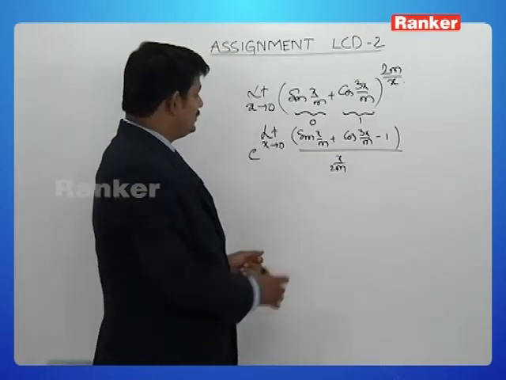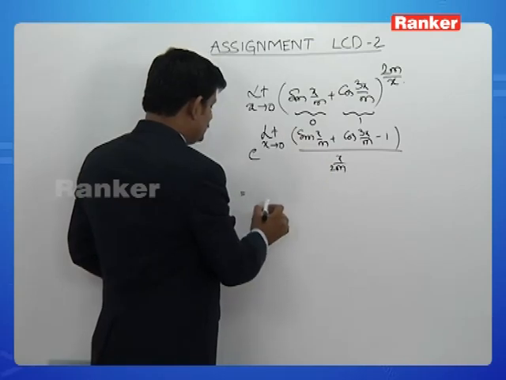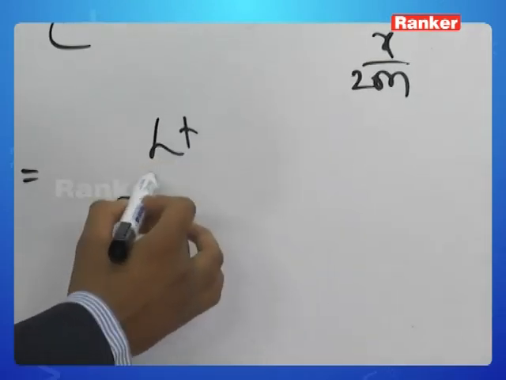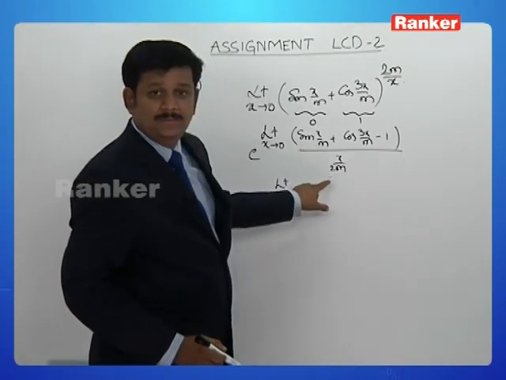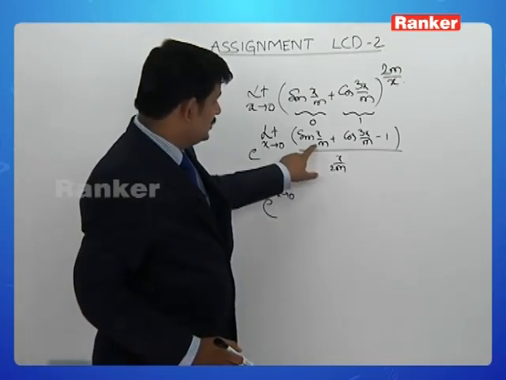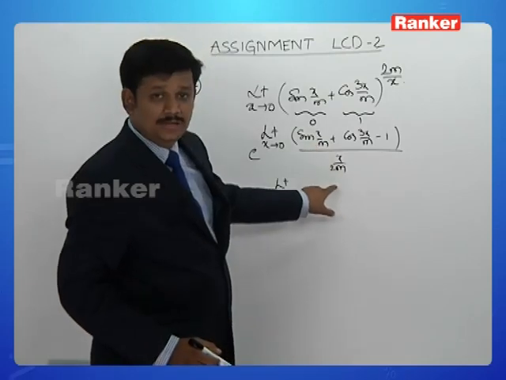Now let us see the first part of the limit. This is e power the limit as x tends to 0 of sin x by m divided by x by 2m.